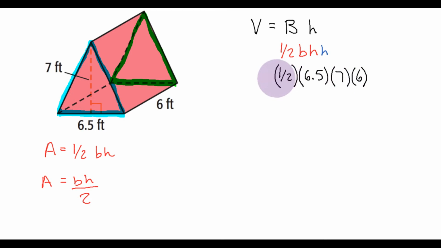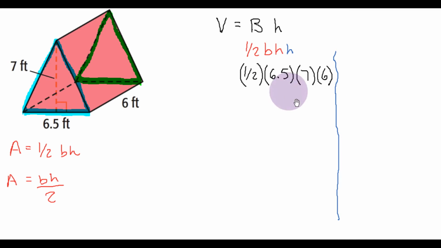Cool, so I have multiplication as my only operation here. I'm going to multiply all these values together, and I can do it one of a few ways. One way is multiplying straight through from left to right. There's an additional way that I could do it. It's using the commutative property, which means I would move numbers around, and the reason I can do this is because I'm using multiplication only. So I'm going to do it both ways to show you that we can and just see what values we get. So let's just create a dividing wall here. I'm going to create just a little bit more room on the screen.